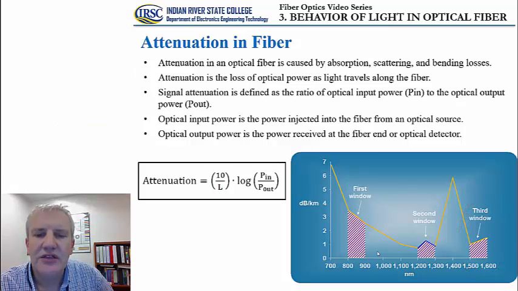It turns out that these windows of wavelengths are the most appropriate from the perspective of signal loss to be used to transmit light along an optical fiber. In other words, if you're using the wavelengths in each of these windows, the light propagation through the optical fiber is going to result in the lowest signal loss.